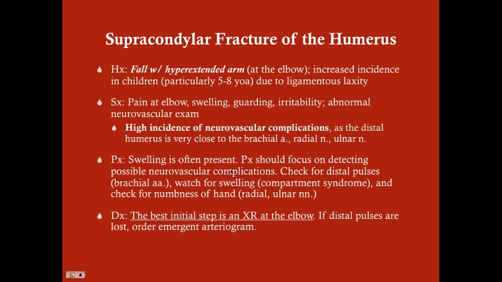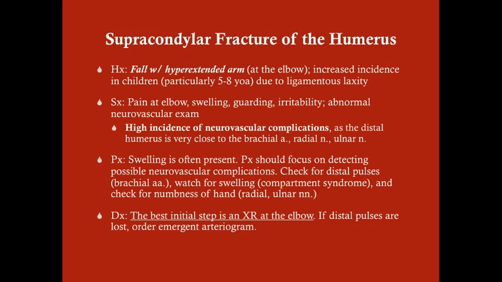Now, the reason we're checking for neurovascular complications is to see if there's any possible compartment syndrome. I should say swelling in the forearm, there's always going to be swelling in the elbow, but significant swelling in the forearm up to the wrist would be a sign of compartment syndrome.